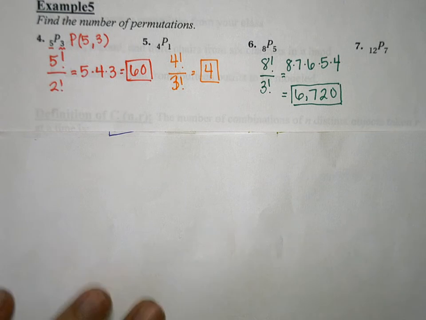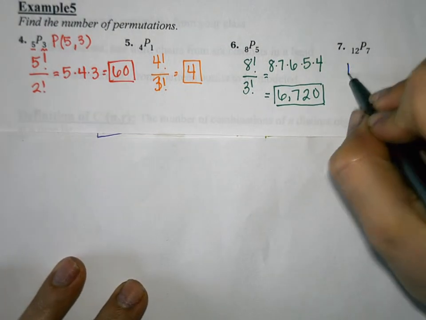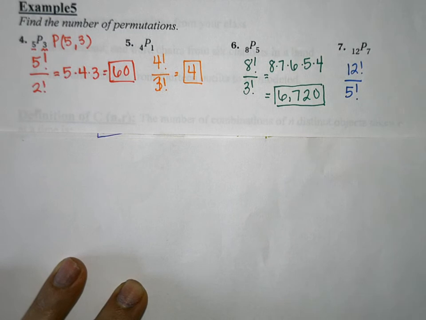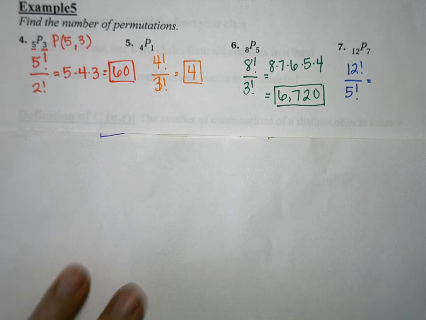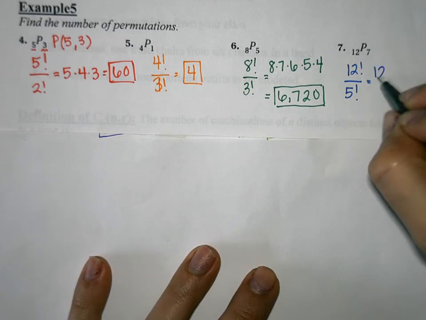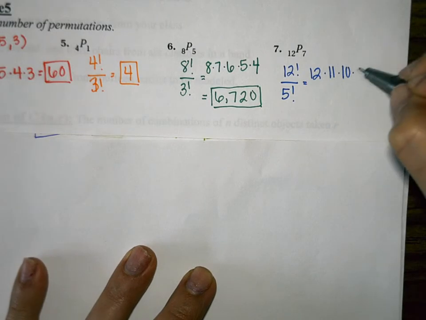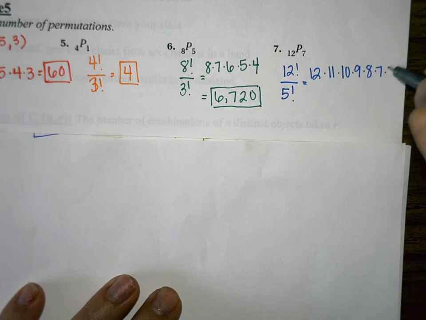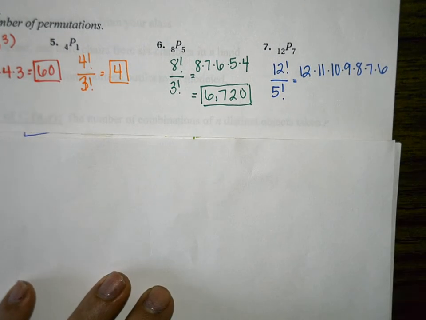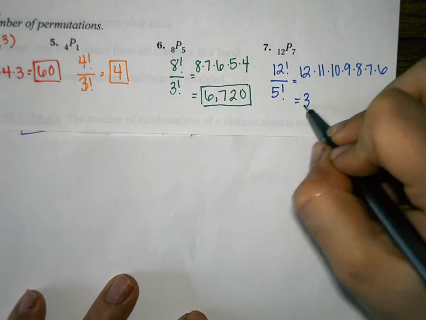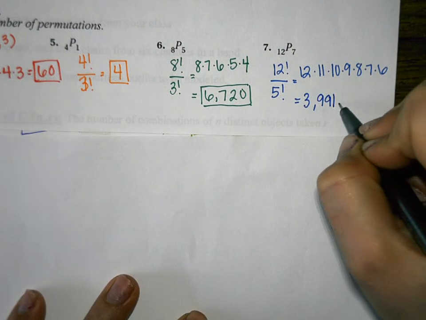And our last one should have been 12 factorial over 12 minus 7 is 5 factorial. 5, 4, 3, 2, 1 will reduce, so we would be left with 12 times 11 times 10 times 9 times 8 times 7 times 6. So when we multiply all of that out, it would come out to 3,991,680.